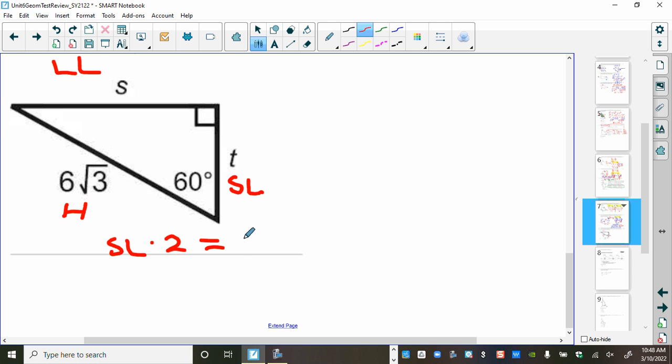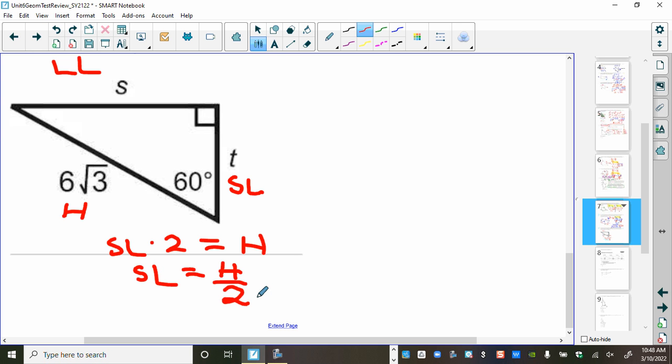But what does that mean now if we're going to go from hypotenuse to the short leg? So the short leg is the hypotenuse divided by 2.